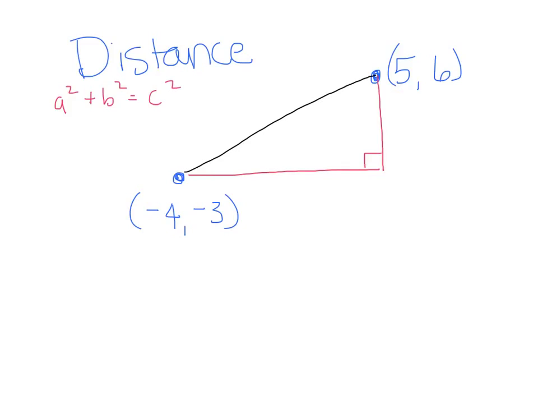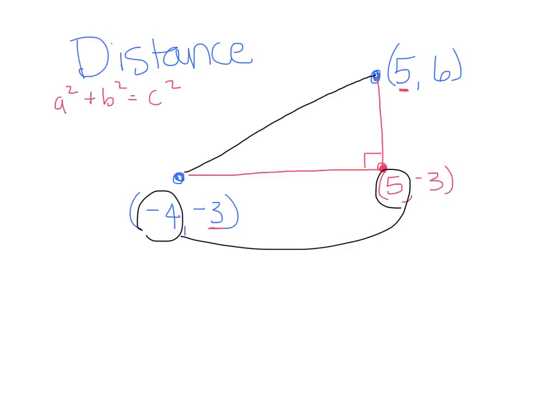But how do you find the length a and the length b? Well, that's pretty easy actually. If I think about this point right here, it has an x value of 5, like that one, and it has a y value like this one, -3. Now, to go from x's, from -4 to 5, how far is that?